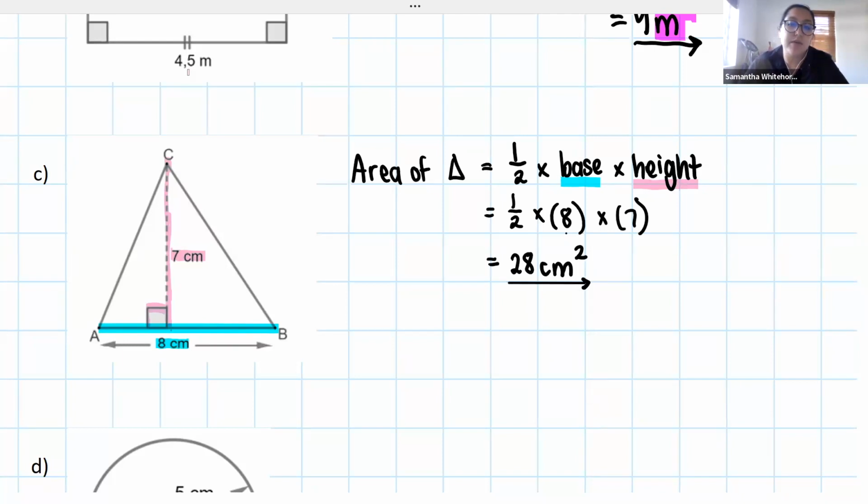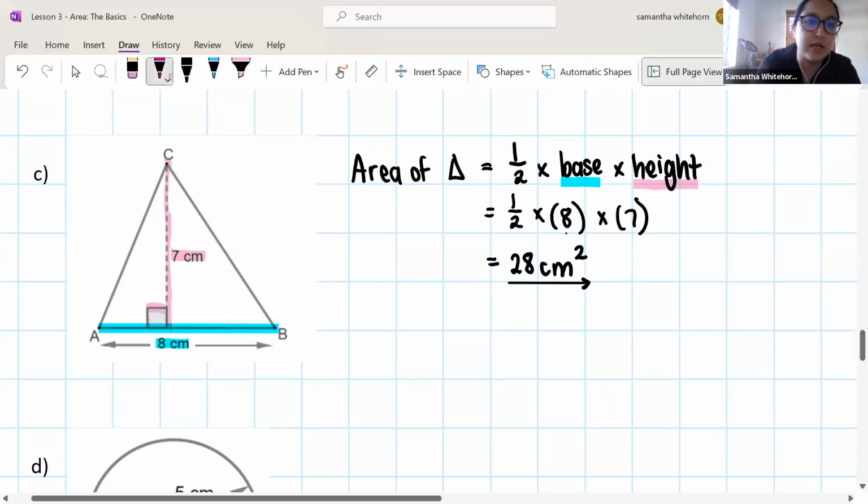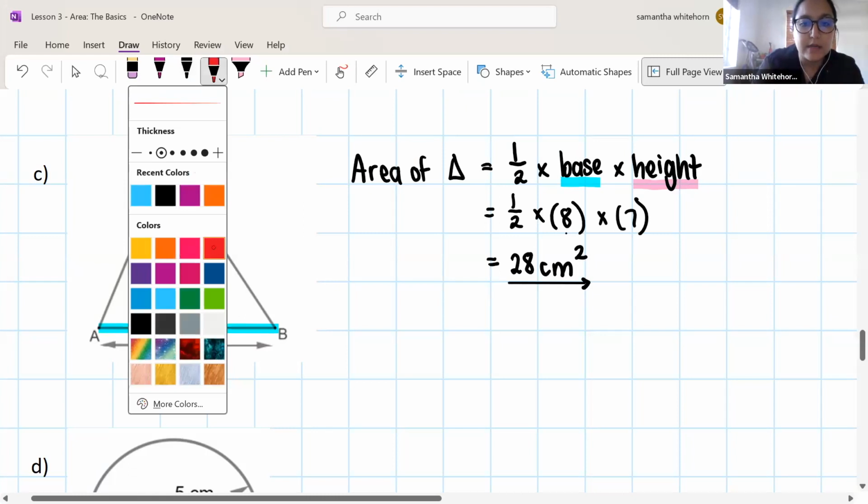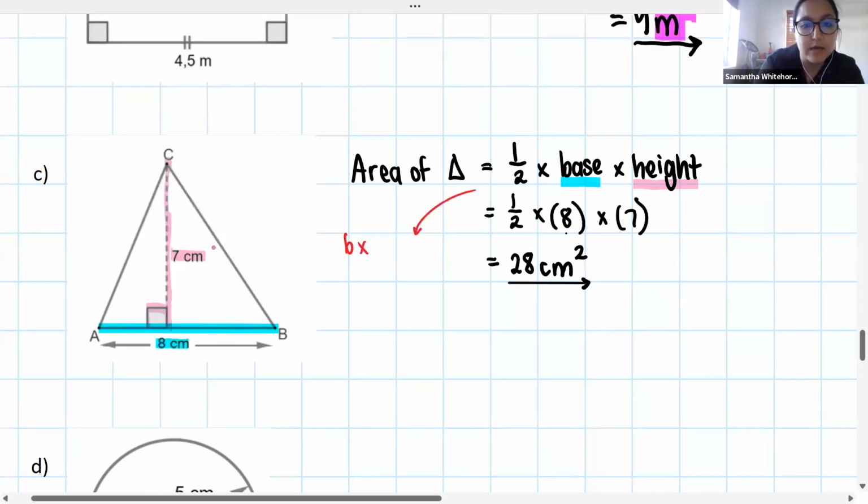Please just remember it's half base times height. You've just forgotten your half there. If you then go and halve your answer, that's also absolutely fine. Some people write this formula as base times height divided by 2.